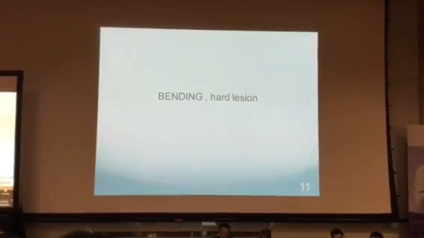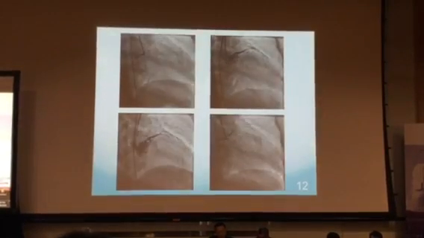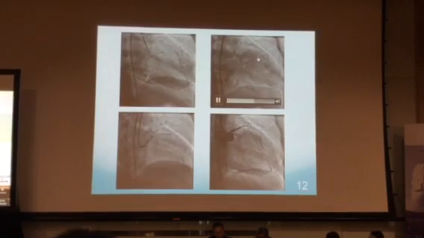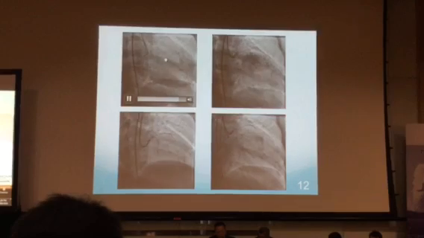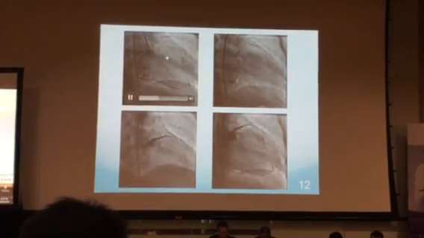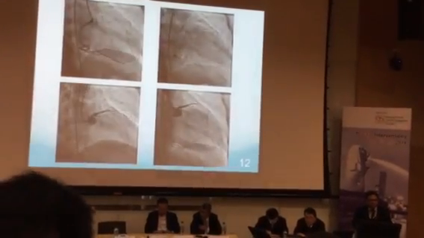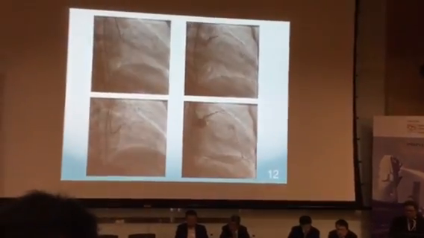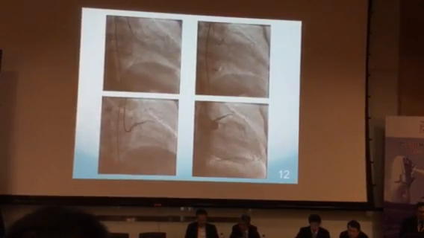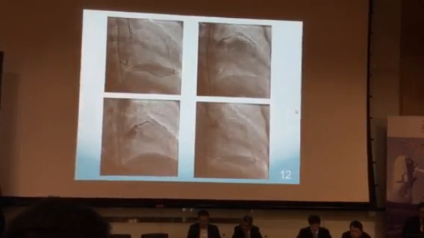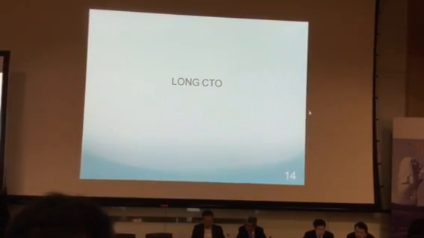This is another case, a bending heart lesion of CTO LAD. As you can see here, there is a bend just at the proximal LAD. This case can be done very well with a simple technique, just using a Runthrough Hypercoat supported by a microcatheter.